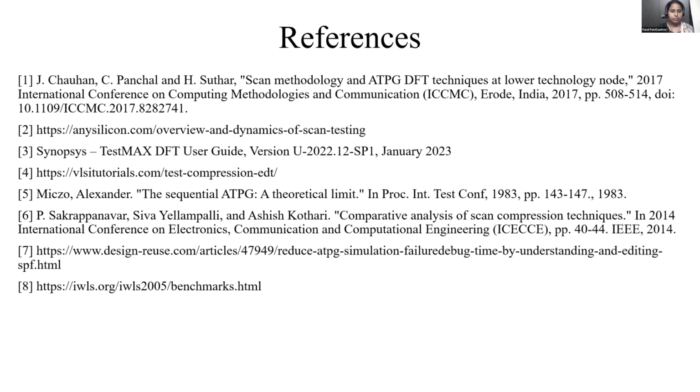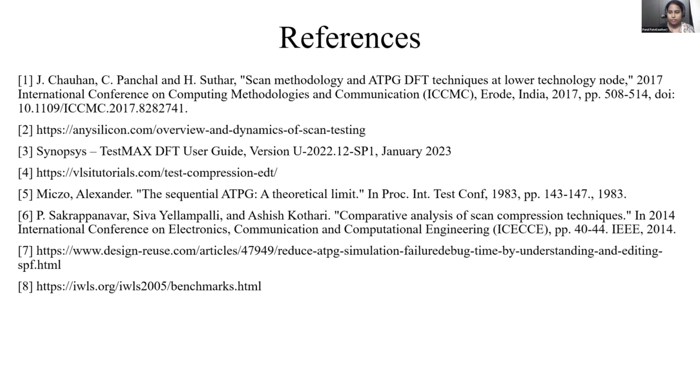Next, since we are using a compressor and decompressor to do scan compression, to get a know-how about it, the fourth and sixth references can be used. The sixth reference covers different types of scan compression techniques that could be used. And the fifth one is again for the pattern generation part, the theory part.